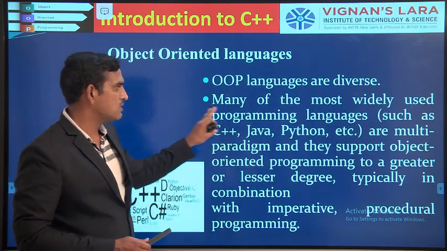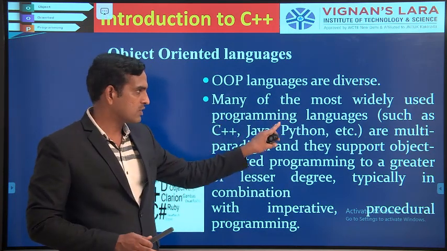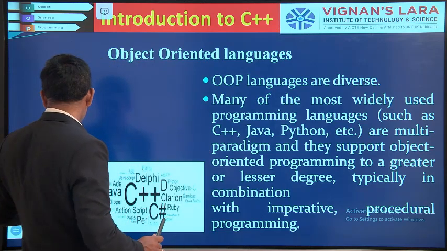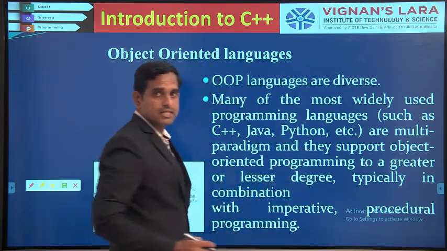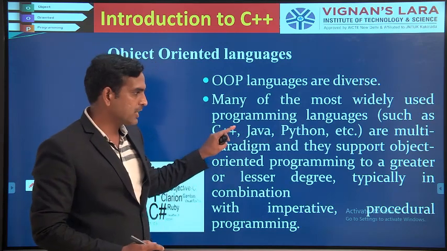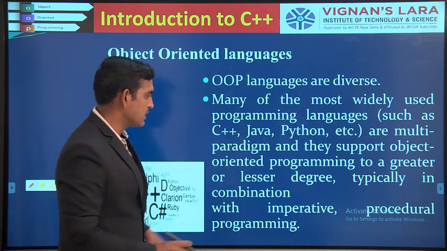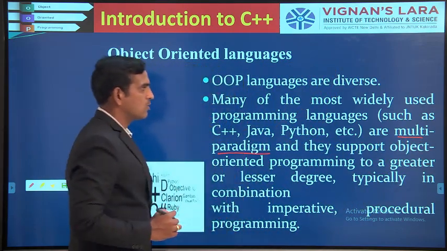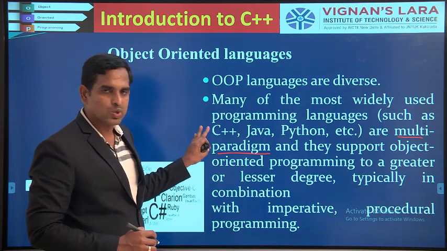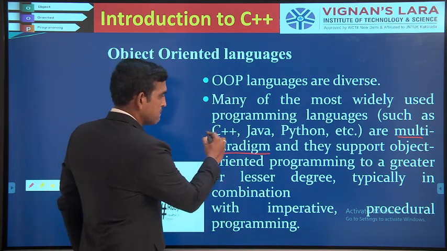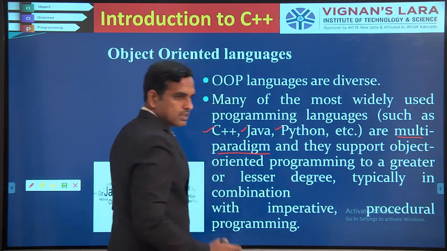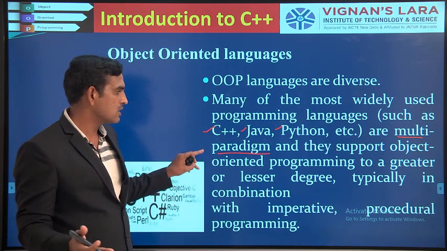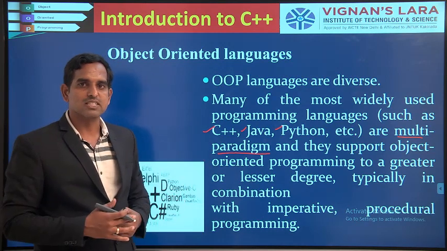Many of the most widely used object-oriented programming languages, such as C++, Java and Python, are usually multi-paradigm languages.